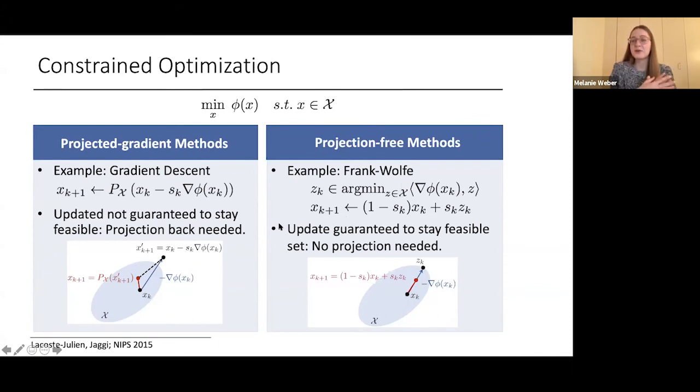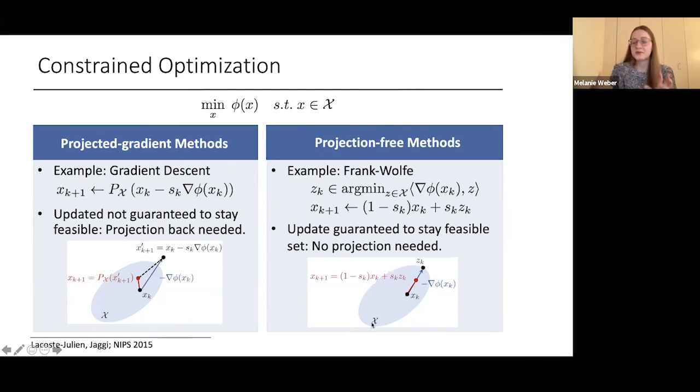So here in our sketch, the linear oracle returns a point z_k, which lies on the boundary of our feasible region in the feasible descent direction. And then we linearly interpolate between x_k and z_k and step along that line with a certain step size s_k.